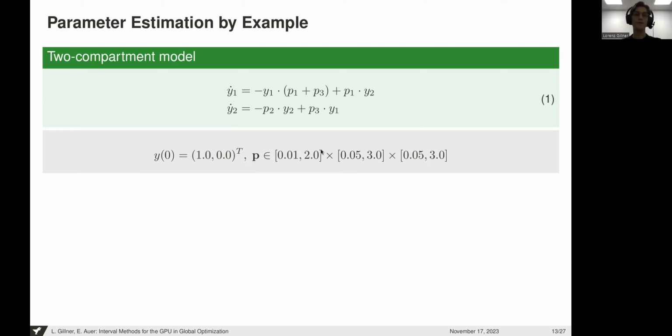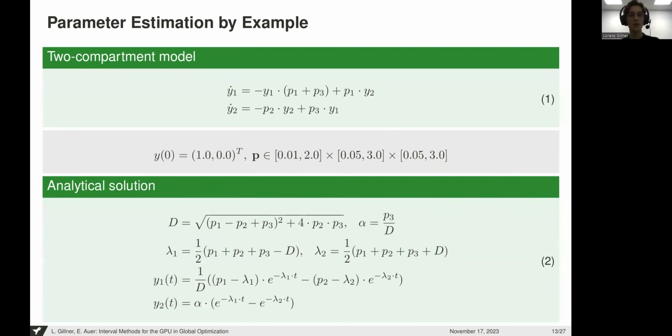And for the first step, we also have the analytical solutions to this problem, which is not optimal, but it should reduce the dependency effect quite a bit in this way.